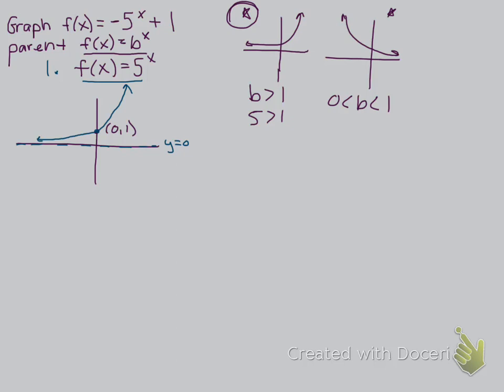Okay, now the first transformation that we're going to apply is the vertical reflection. So we'll be graphing f of x is equal to -5 to the x.